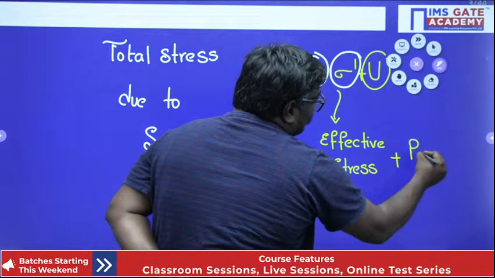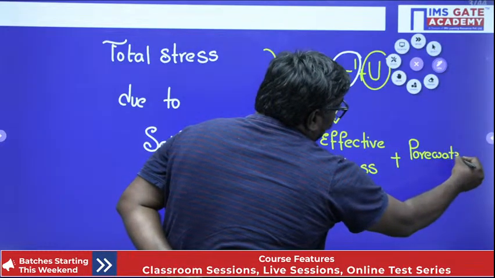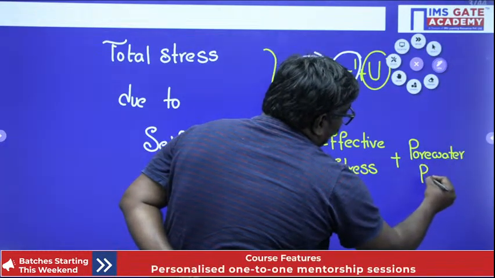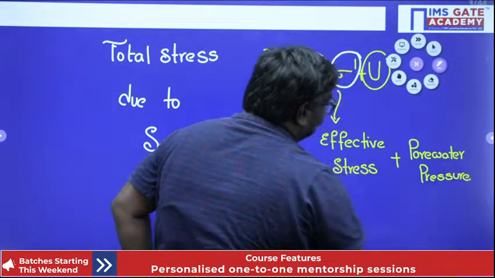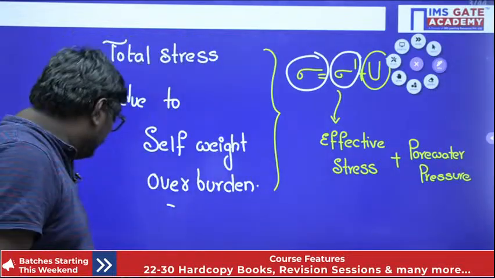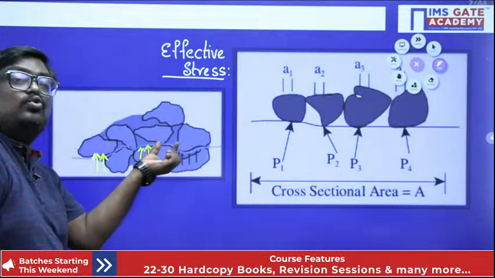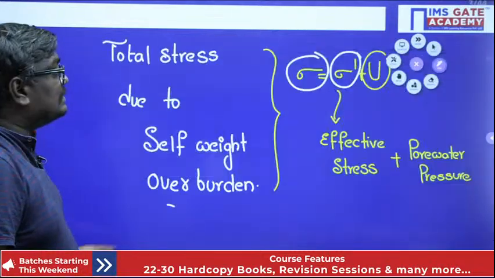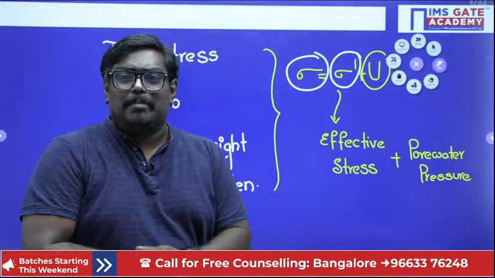It is nothing but the pore water pressure. It is the summation of effective stress and pore water pressure. Now, what is effective stress? It is the intergranular pressure. Whatever pressure is transmitted between two soil particles is nothing but the effective stress. Sir, what do you mean by pore water pressure?